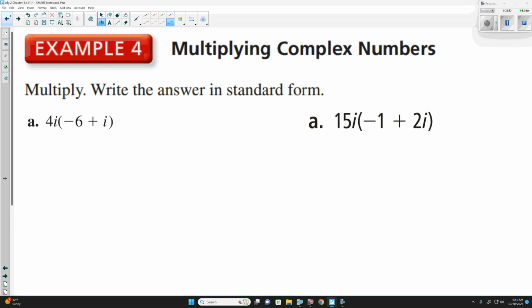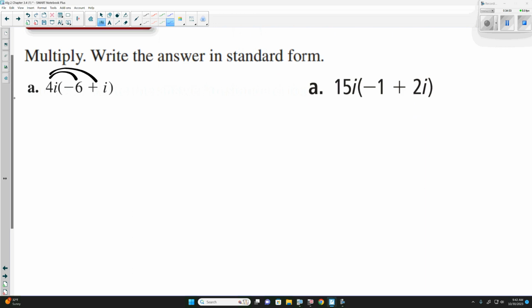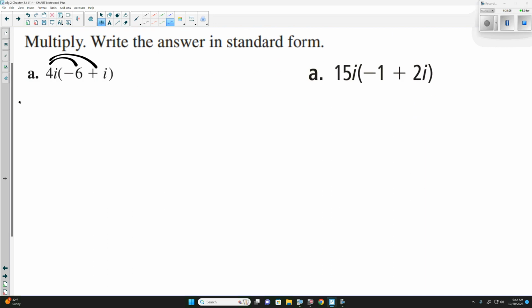So this one here, we're multiplying. I'll do one by hand so that we can see this, because we're going to distribute the 4i. 4i times negative 6 is negative 24i. 4i times i is going to be plus 4i squared.